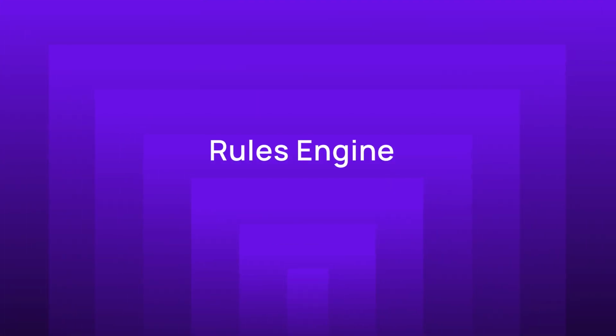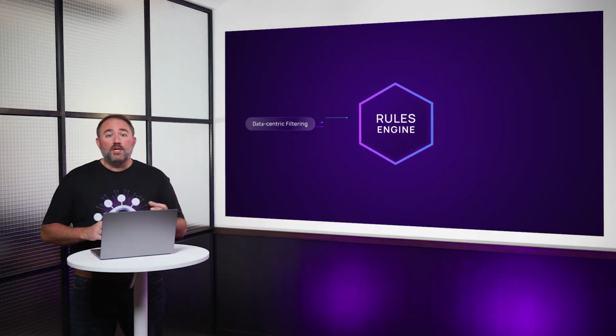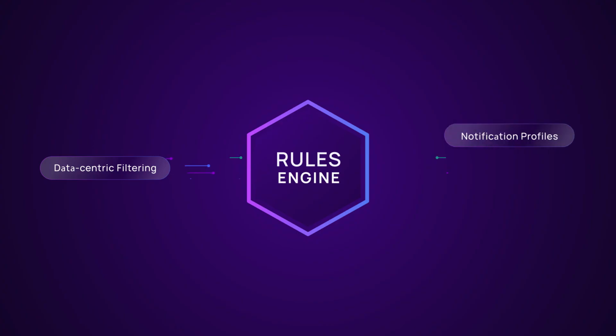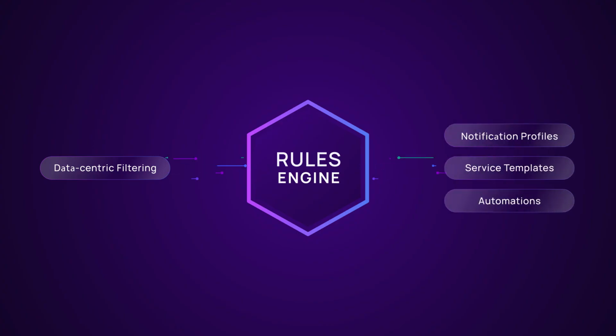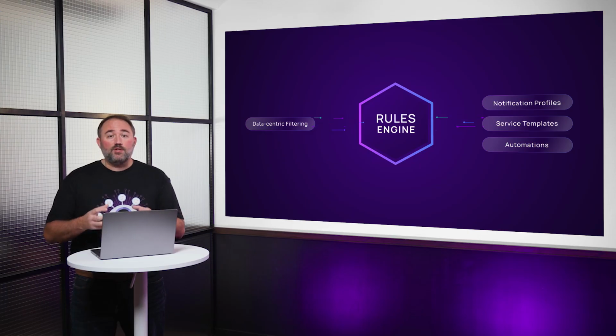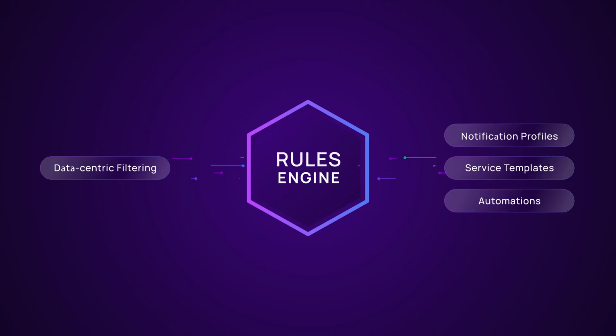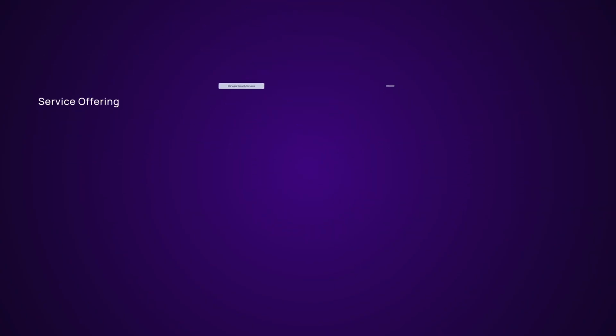The most powerful part about N-Central's Infinity Core is its rules engine. It starts with the data-centric filtering, then you have your notification profiles, service templates, automations, everything you want to do, and you place those into a rule so that those automatically go out. And when you're ready, you'll be able to apply rules based on your service offerings.